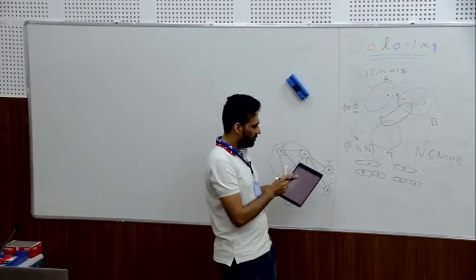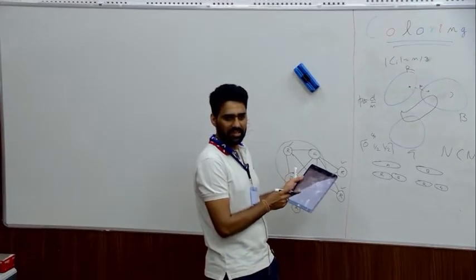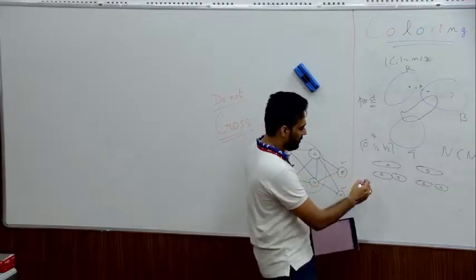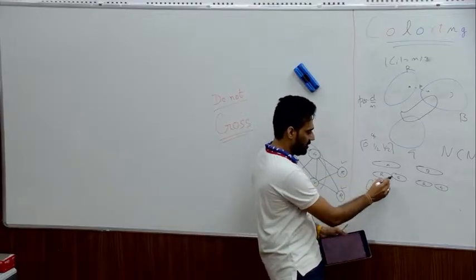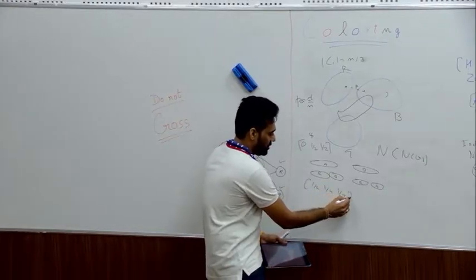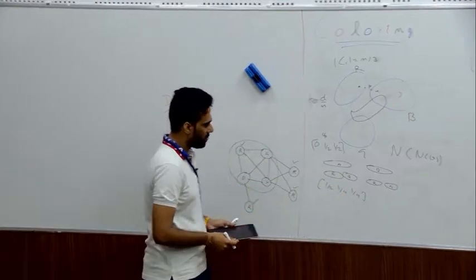Now can you see what the distribution is going to be, roughly? The red vertices are going to be half, and a quarter for each of the others. Okay?